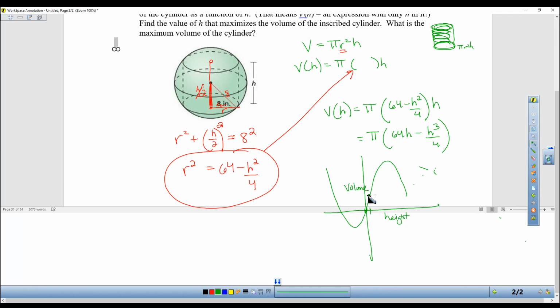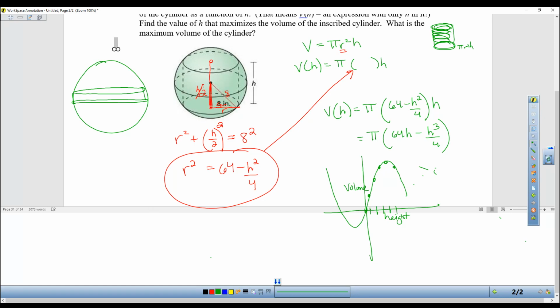So maybe at h is 1, I get this volume. At h is 2, I get this volume. And I keep getting a better and better volume. But eventually, I get a worse volume. How could that happen? Well, if you took this same exact sphere and you made h really small, you could put this really short cylinder in there and your volume wouldn't be really great.